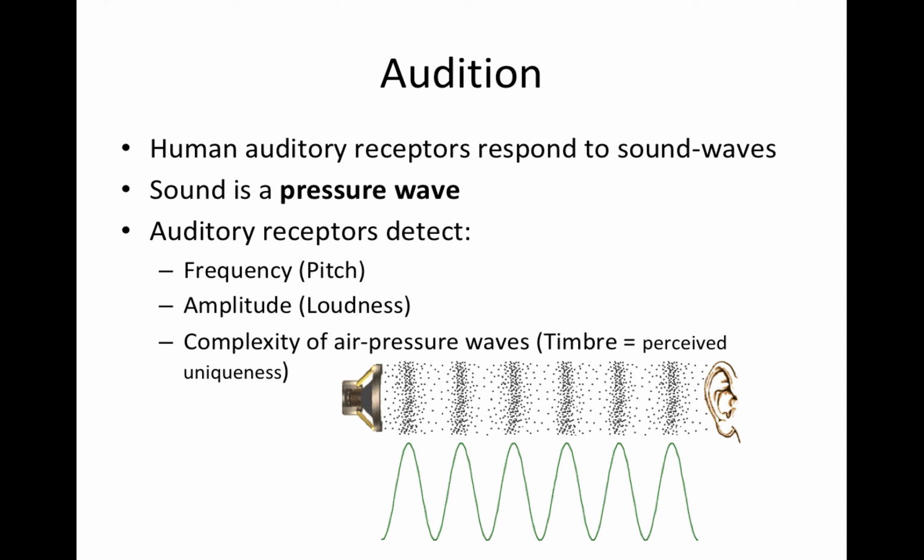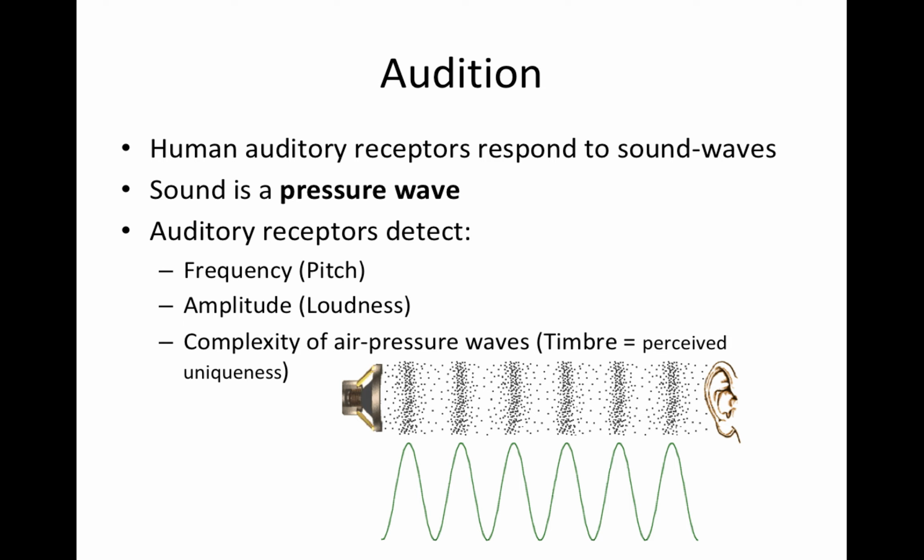So we hear the amplitude or intensity of pressure as loudness. And then lastly, we hear the complexity of pressure changes as timbre. So technically it's the perceived uniqueness of tonal quality of a sound. So that's why a C on a piano and a C on a guitar, they're the same note, but they sound different. That's because of the timbre or the complexity.